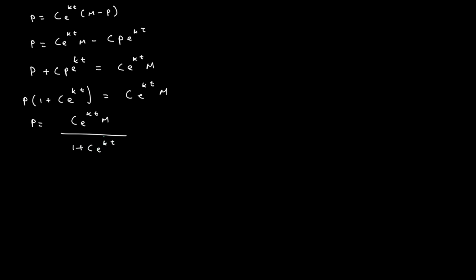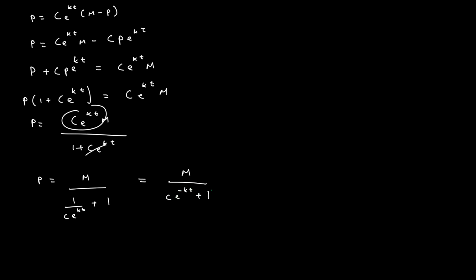If I just divide by this term, I can rewrite this as p is equal to m divided by 1 over c times e to the kt plus 1. 1 divided by c is just another constant, so I'll just keep it as c, and 1 divided by e to the kt is just e to the power of minus kt, plus 1.